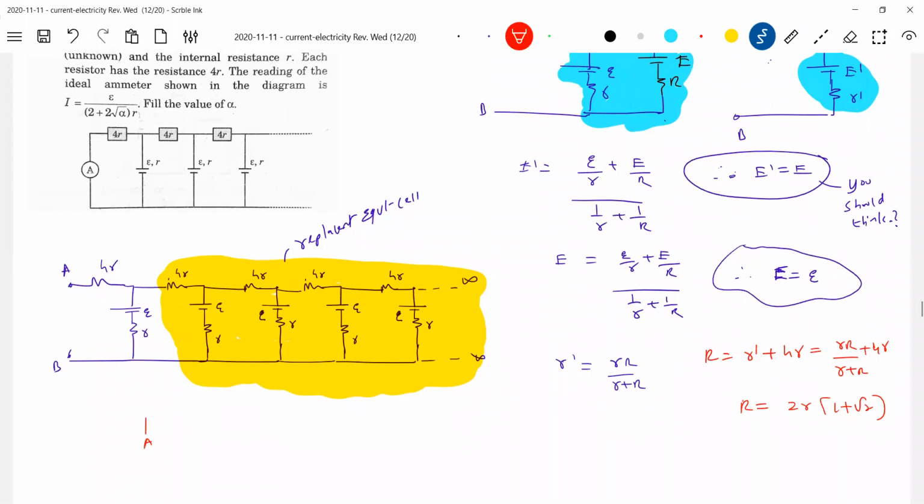So now I'll bring an ammeter. The circuit, everything should be replaced with a cell and this R. This will be the reading of the ammeter.